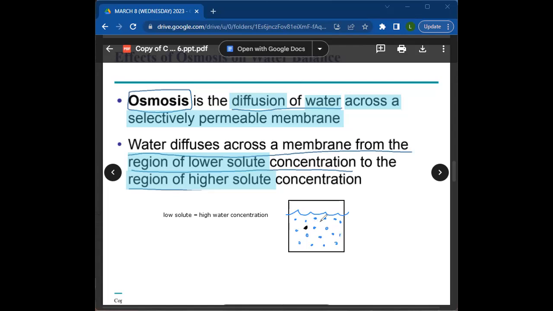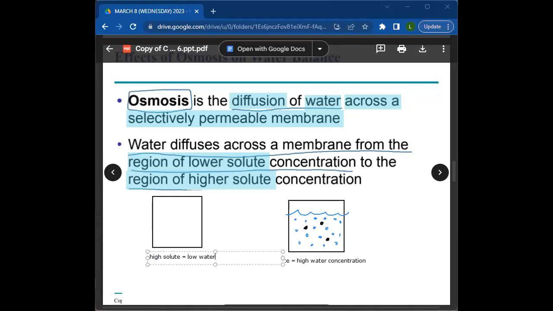So low solute concentration is the same thing as a high water concentration. And high solute concentration is the same thing as low water concentration. So if I drew another picture, again, water is going to be the blue dots, and the solute is going to be the black dots.